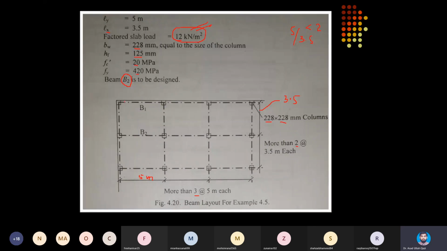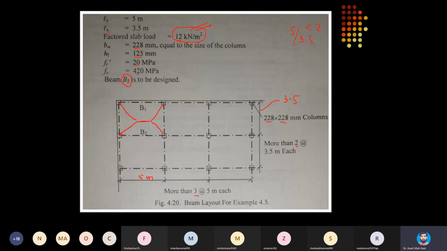We studied that if the slab is two-way, we will draw lines at 45 degrees from the corners of the panels, and where they intersect, we will divide the panels into segments.